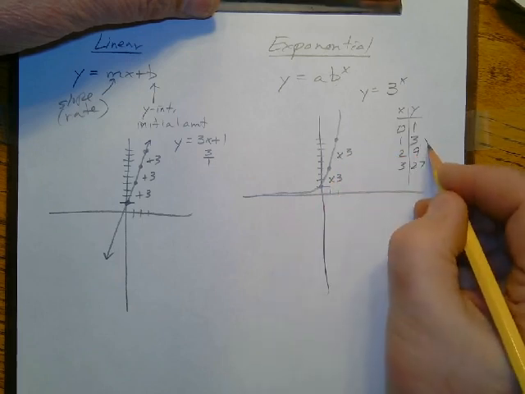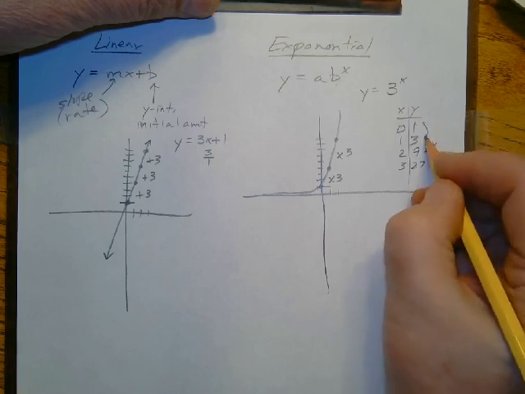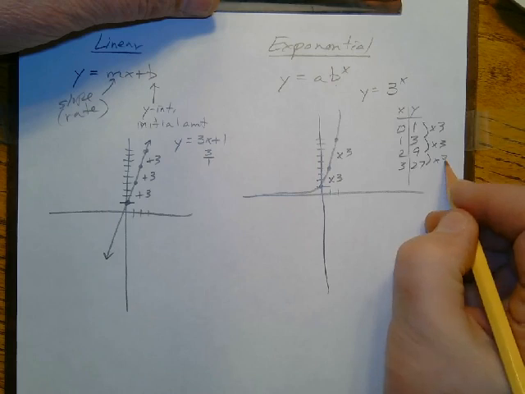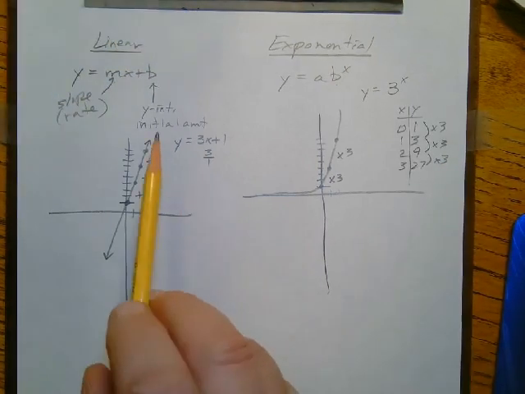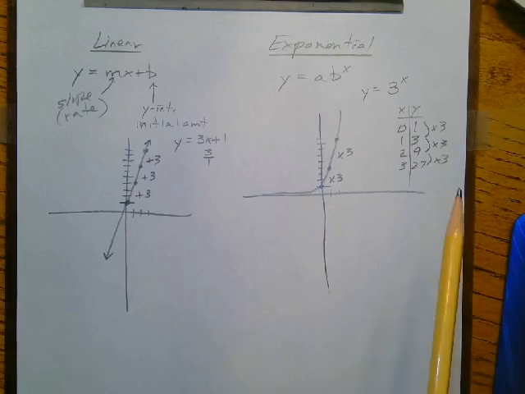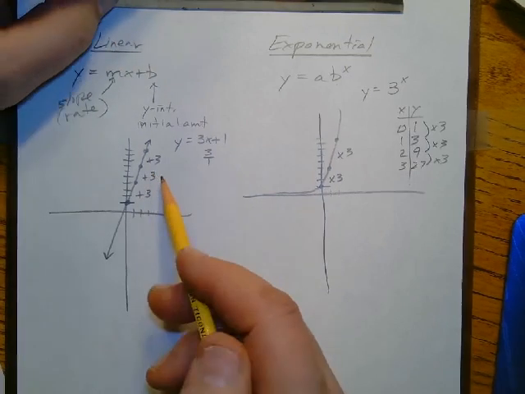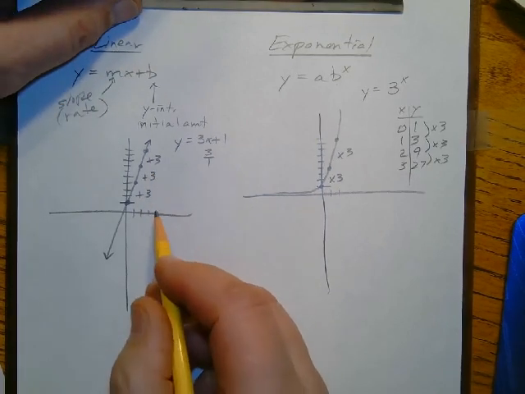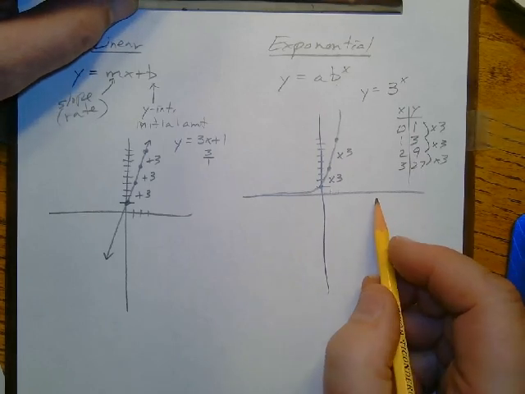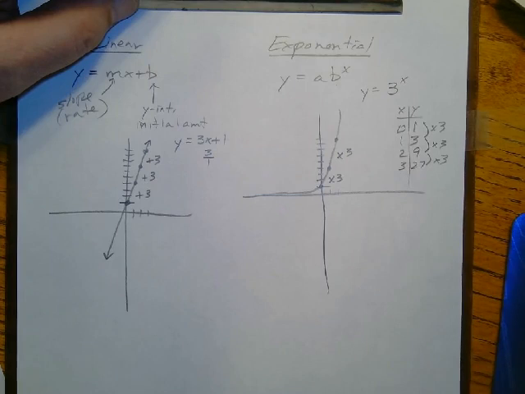Every time we go here, we multiply by 3, multiply by 3, multiply by 3. So linear equations are adding the same amount every time, and exponential equations are multiplying by the same amount. Linear equations, we call them arithmetic sequences, and exponential equations, we tend to call them geometric sequences.